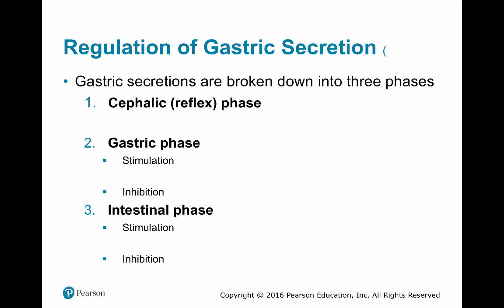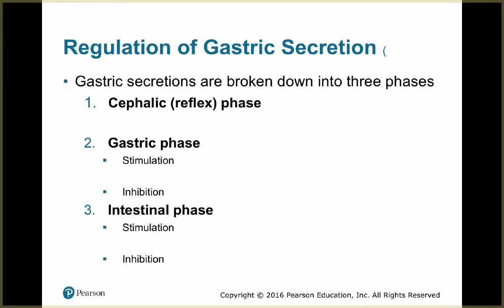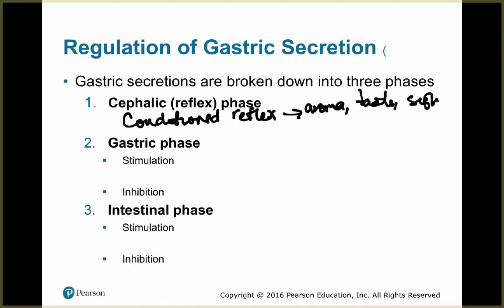Now, gastric secretion is broken down into 3 phases. You have the cephalic phase, the gastric phase, and the intestinal phase. The cephalic phase for gastric secretion is a conditioned reflex. So think things like aroma, taste, sight, thought.